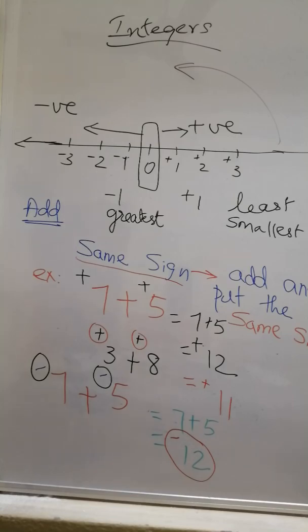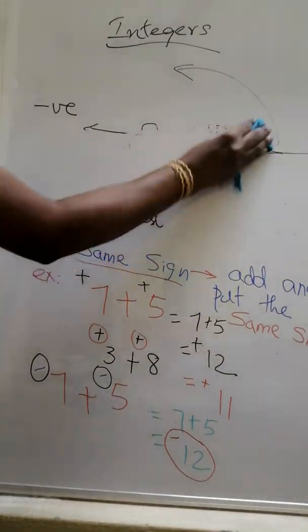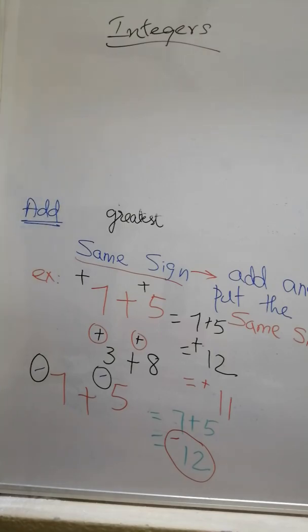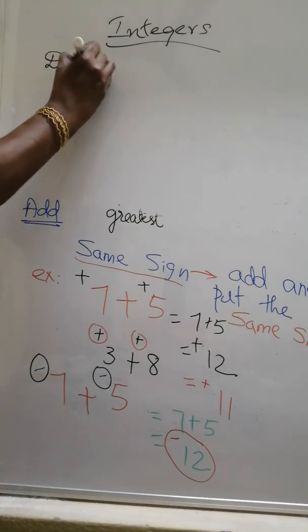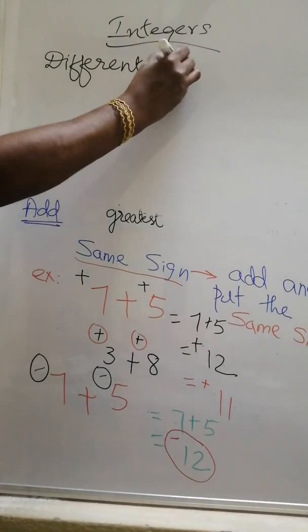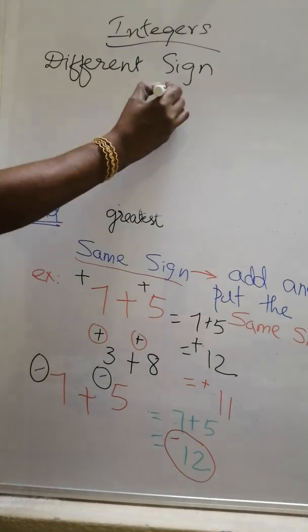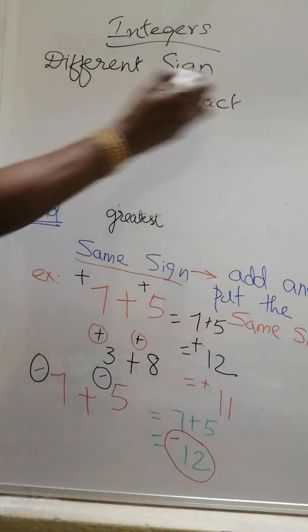Now what happens if they are of different sign? Same sign, it is easy. What about different sign? Two numbers having different sign. So, while adding, if they are of different sign, subtract.